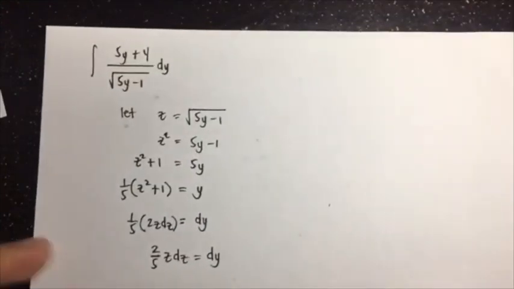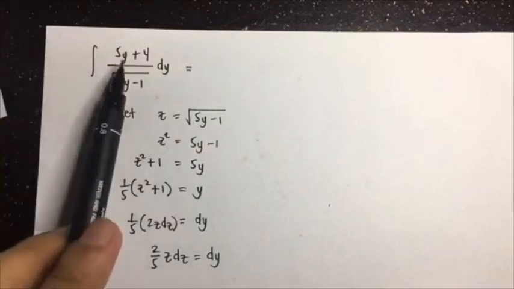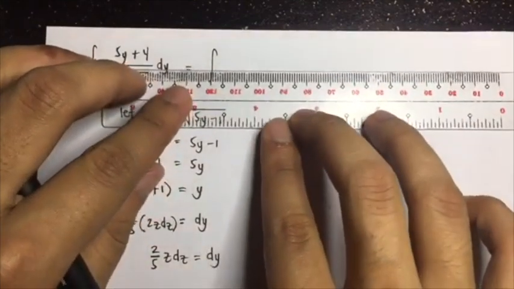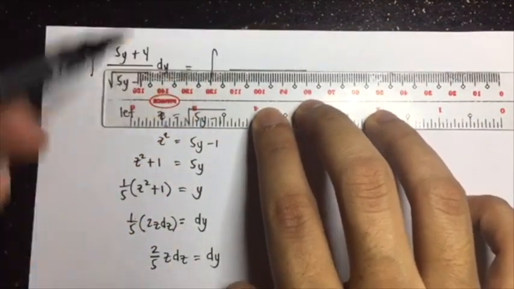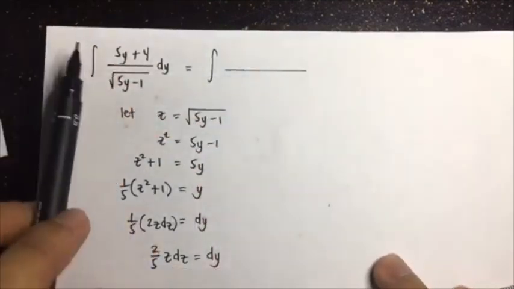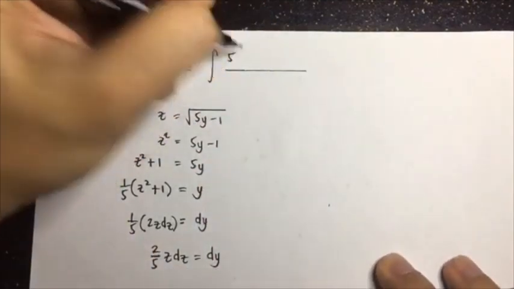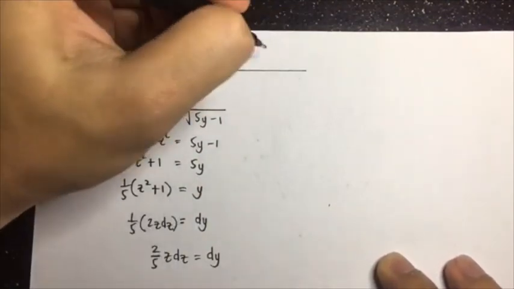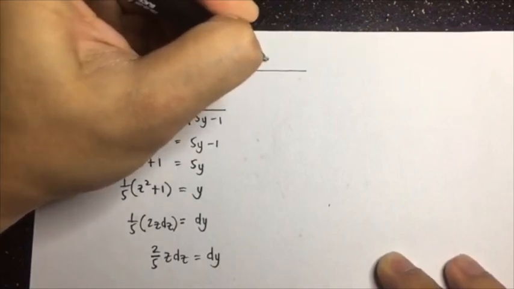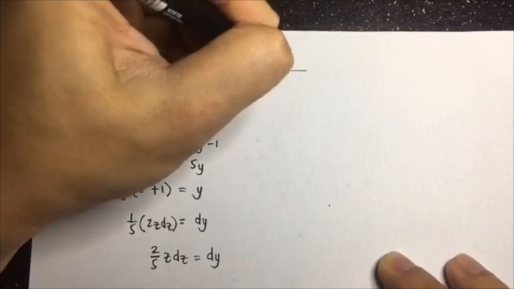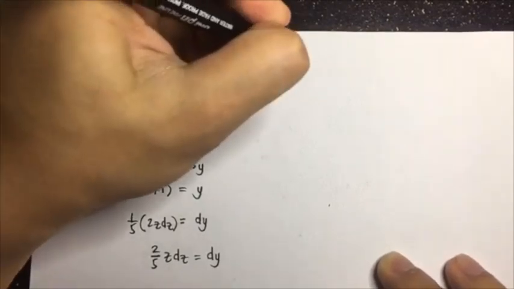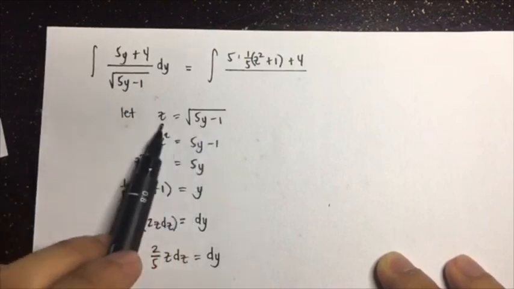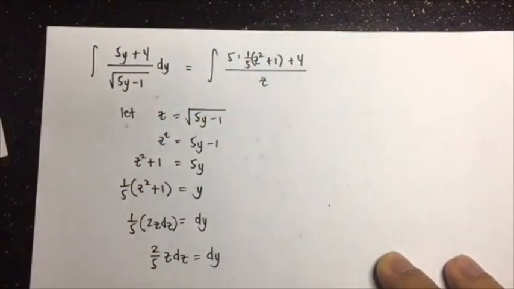Okay, so what we're going to do is replace y in terms of z. So we will have the integral of 5 times y. Our y now is 1/5 of (z squared plus 1), and then plus 4 over the square root of 5y minus 1, which is equal to z.